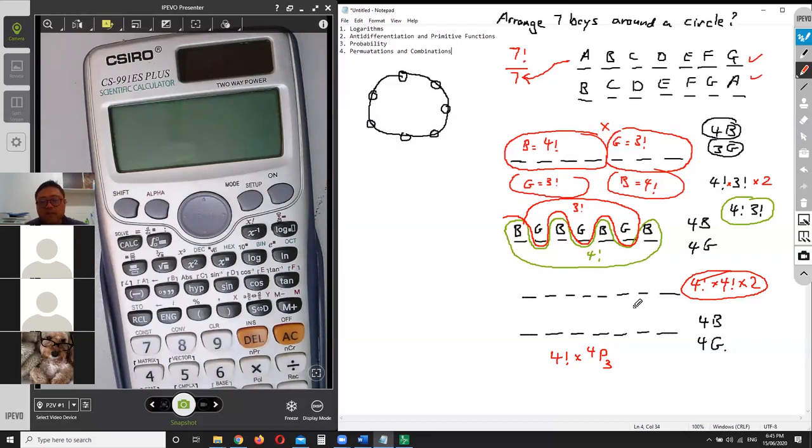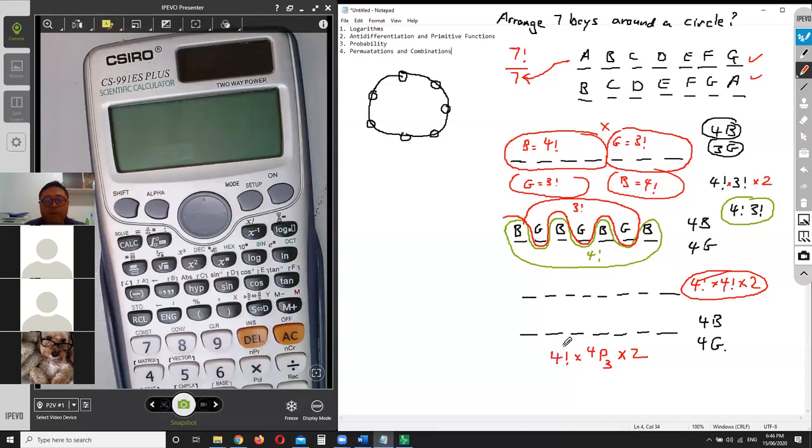Can't it still start with boys and have 1 girl be left out, but it can also start with girls and have 1 boy be left out? Yes. So you're so close. Times 2. Why is it times 2?